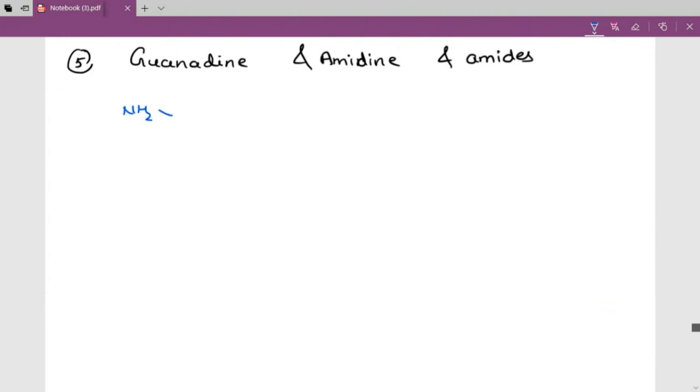I'll write guanidine. Guanidine is NH2, C double bond NH, NH2. Amidine is R, C double bond NH, single bond NH2, and amides. Take the order of KB like this. Why?